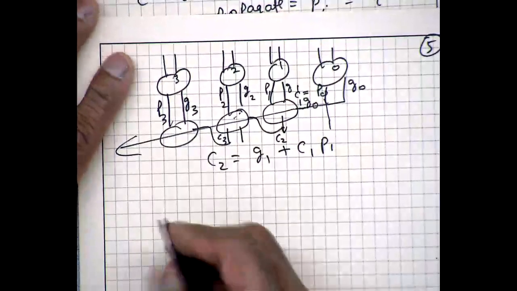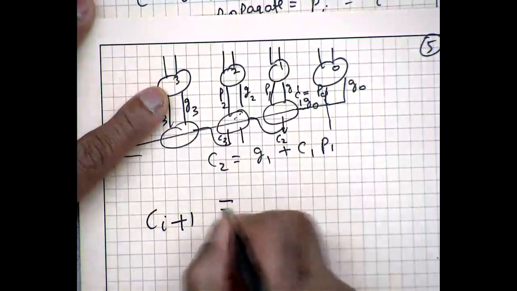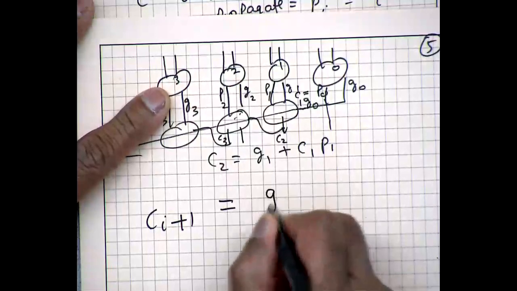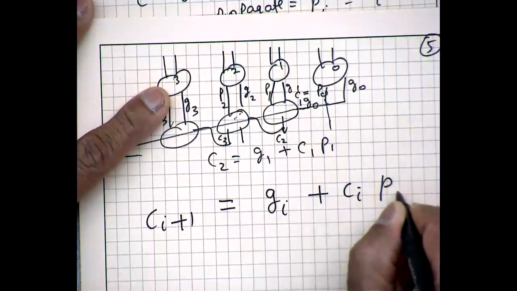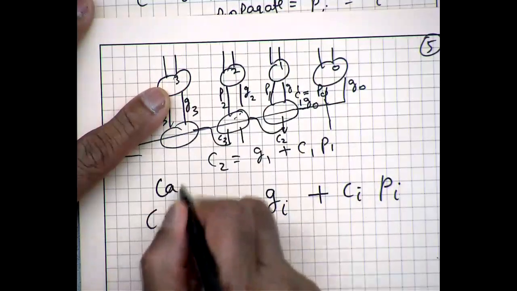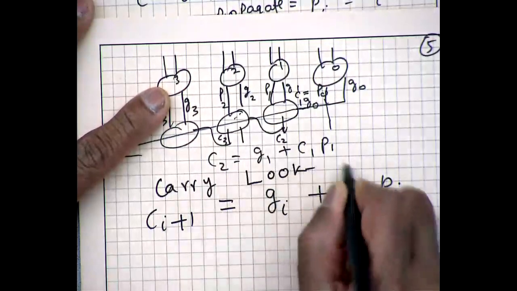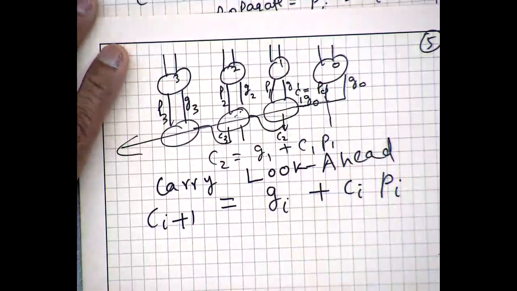How do we break the carry bottleneck? Ci plus 1 is equal to Gi plus Ci times Pi. The whole idea of breaking the carry bottleneck is called carry look ahead, and carry look ahead has been applied in many different ways.